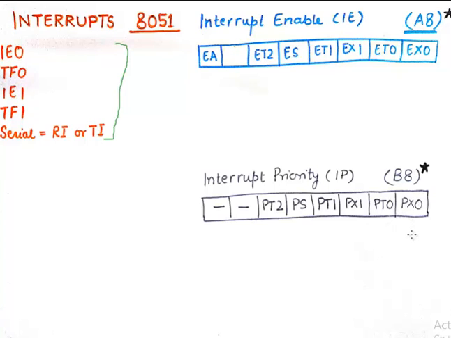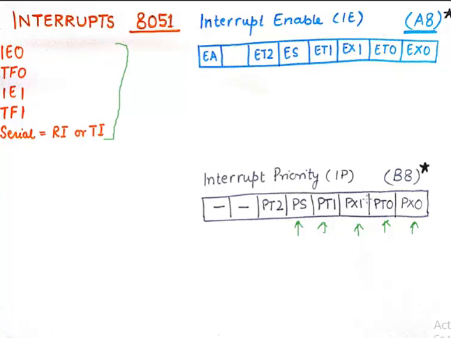Again, this is the priority of external interrupt 0, this is the priority of timer overflow flag 0, priority of external interrupt 1, priority of timer overflow flag 1, and priority of serial interrupt, set or cleared by the user here.